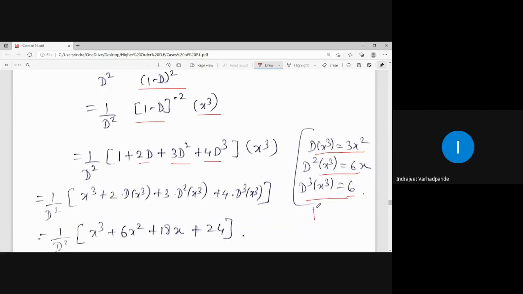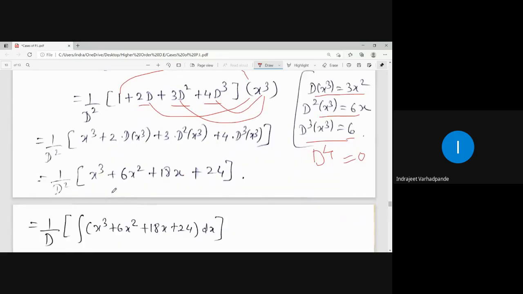Afterwards, all the derivatives from d to the power 4 onwards are going to be 0, so I have not expanded that. Term by term multiplication: 1 into x cube, d of x cube, d square of x cube, d cube of x cube. Just put the values appropriately and then simplify.